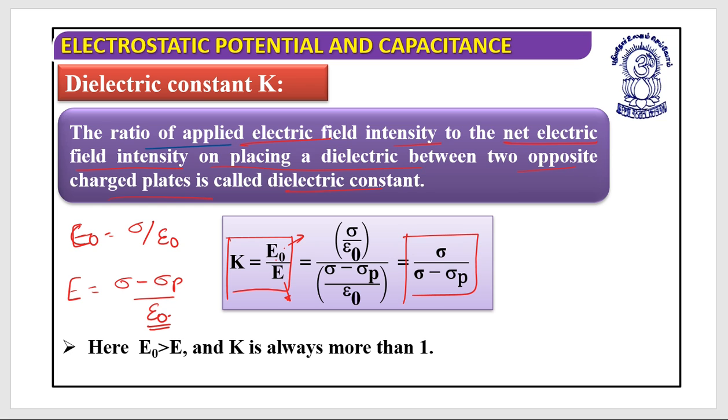That E naught would always be greater than E. So always remember the value of a dielectric constant is always greater than 1. It could not be less than 1 anywhere.